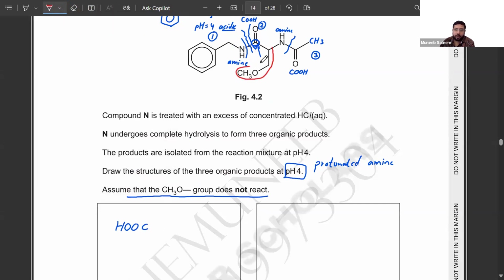This part is bonded with the carbon. So CH, this CH bonded with the CH3O like this.